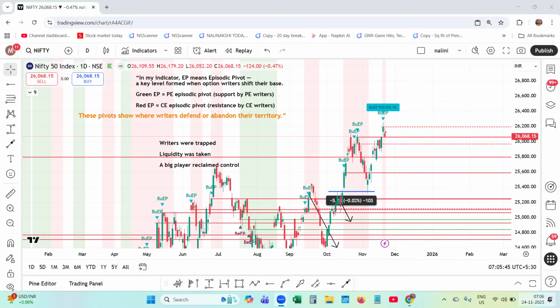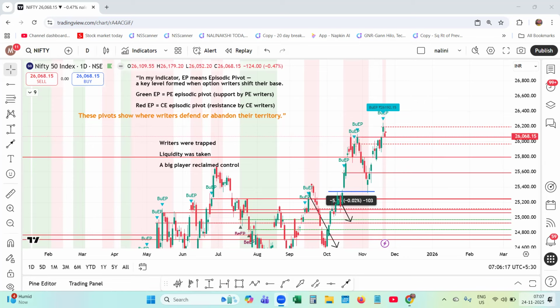In my indicator, EP means episodic pivot, a key level formed when option writers shift their base. Green EP is equal to PE episodic pivot, support by PE writers. Red EP is equal to CE episodic pivot, resistance by CE writers.